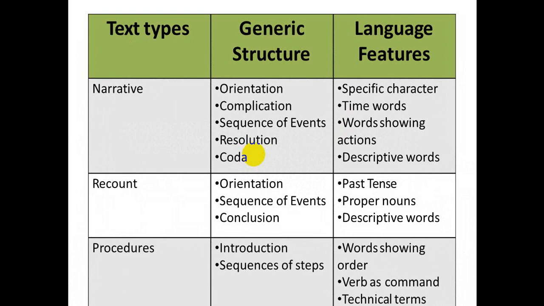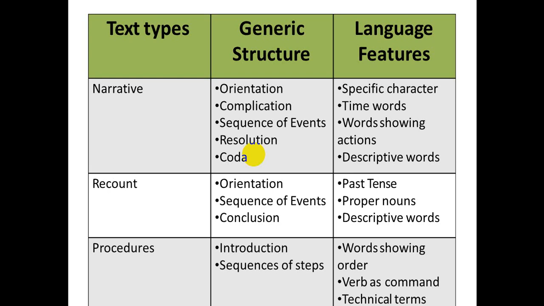So let's look at some examples of genres given here. The text type is narrative. Narrative text mostly has a generic structure and language features. The generic structure of narrative text is orientation, complication, sequence of events, resolution, and coda.